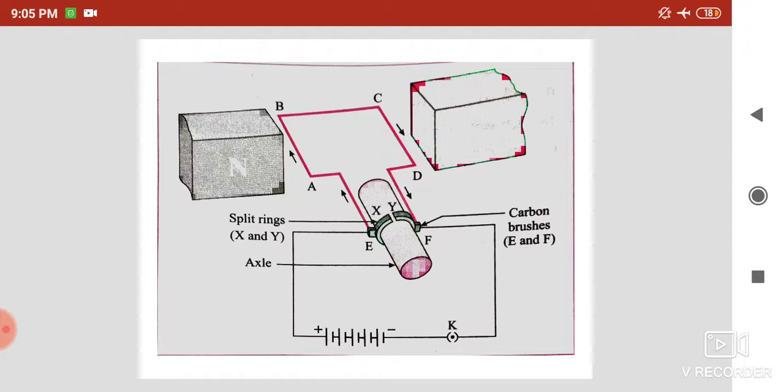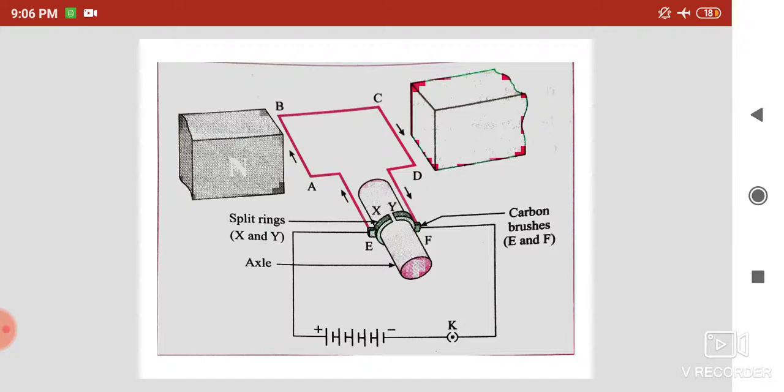Before half rotation, the force on CD is upward and on AB is downward. After half rotation, the force on CD is downward and on AB is upward. But the loop continues to move in the anti-clockwise direction. So we have studied the construction and working of the electric motor.